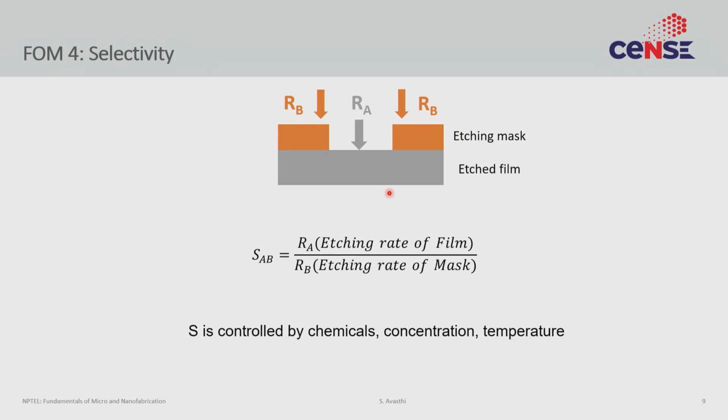However, a base can attack both organics as well as some metals, so the selectivity there would not be very good. It also depends on concentration. Dilute solutions tend to be a little more selective, or concentrated solutions tend to be a little less selective. And temperature, typically at low temperature you get a little better selectivity. At high temperature virtually everything starts etching and then you get lower selectivity. But those are thumb rules, you always need to look at the details.